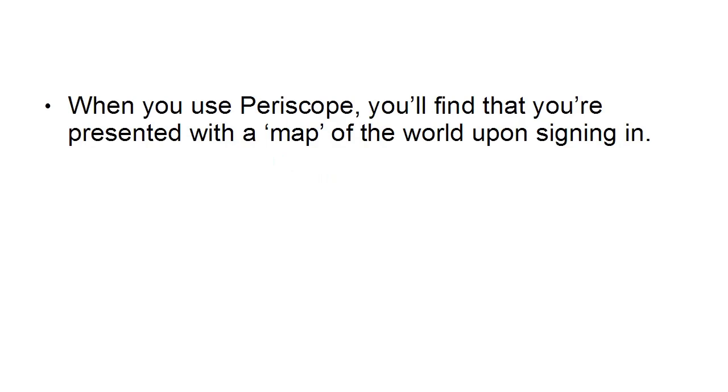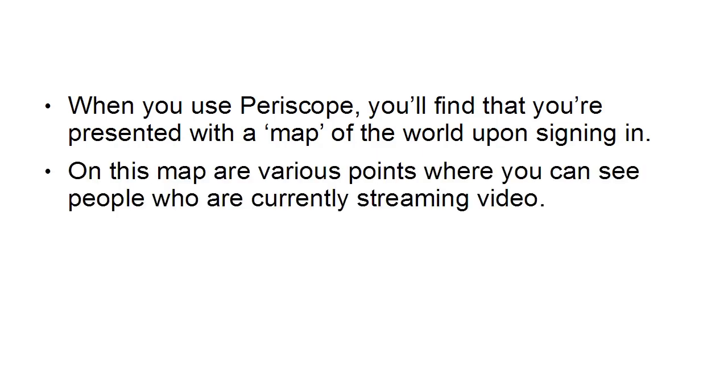Finally, there's Periscope. Now, Periscope is similar to Vine insofar as it streams short videos. The key difference is that Periscope streams videos live. And when you use Periscope, you'll find that you're presented with a map of the world upon signing in. And on this map are various points where you can see people who are currently streaming video.